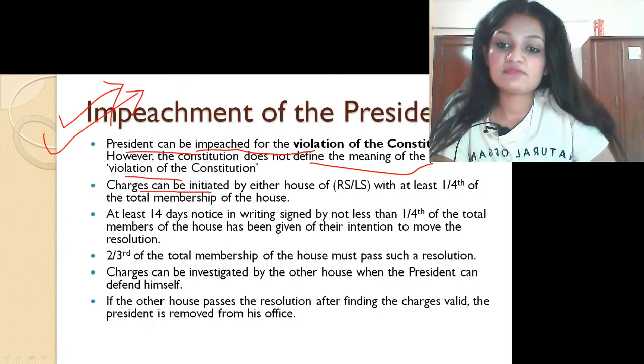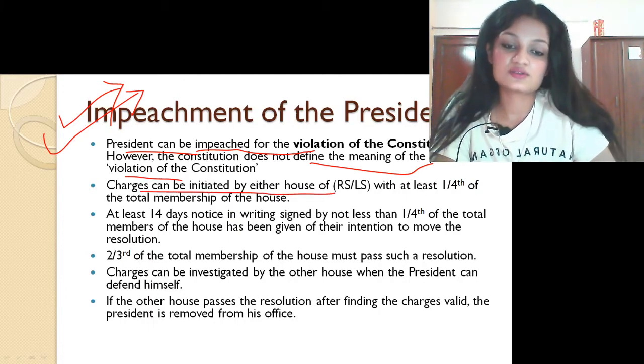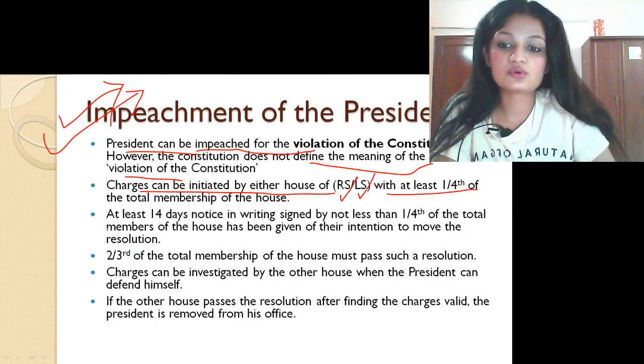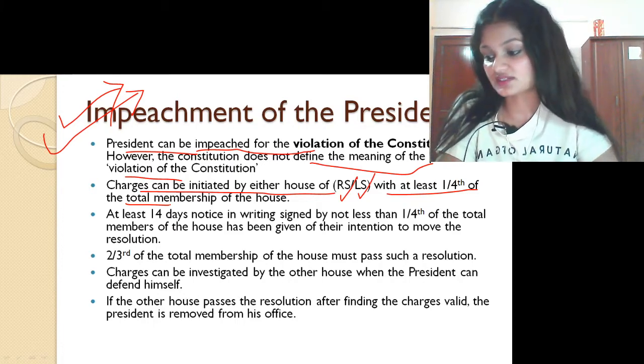The charges can be initiated by either house, Rajya Sabha or Lok Sabha, with at least 1/4 of the total membership of the house.